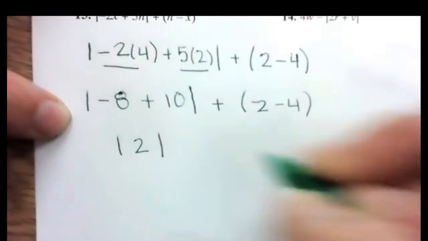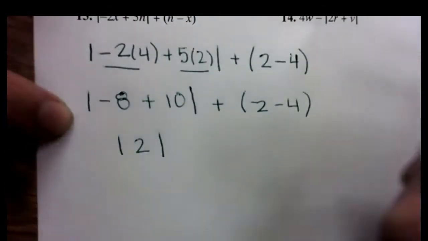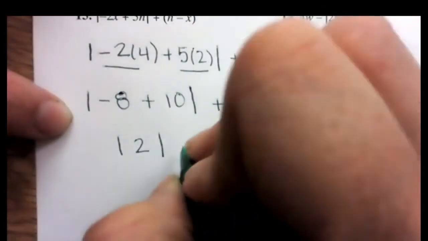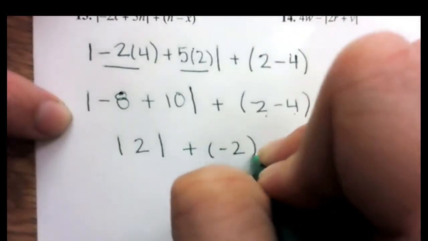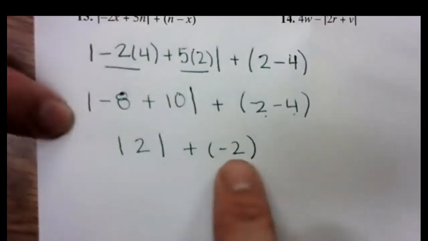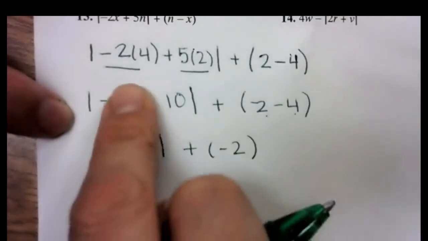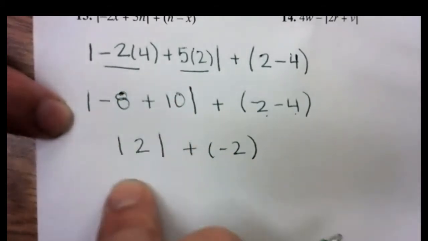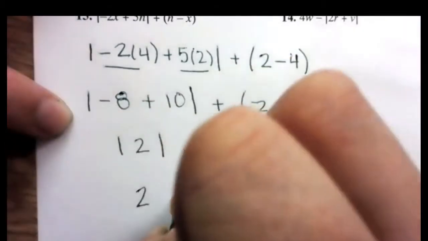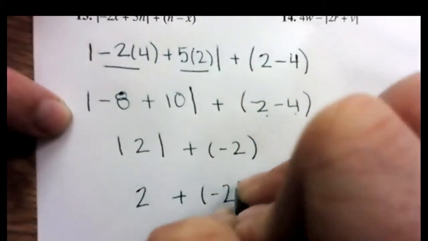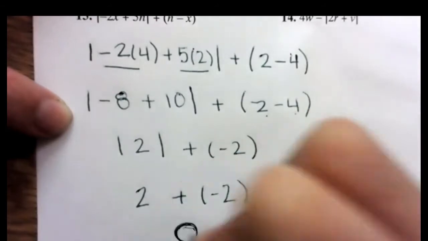So -8 plus 10 is absolute value 2. 2 minus 4 is -2. That's not an absolute value, so it stays negative. This is an absolute value, so the absolute value of 2 is 2. Plus -2, which is 0.